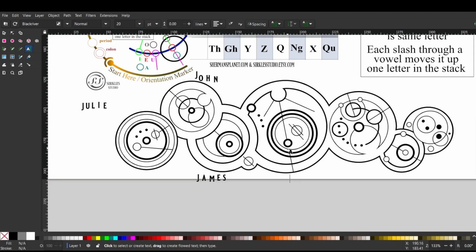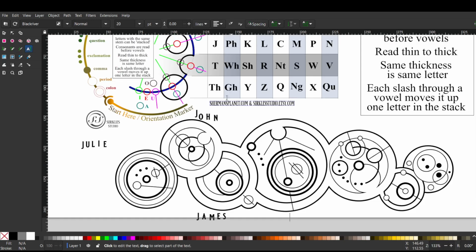So we have these circles inside the word circle. So we're in this row again. These 2 are the same thickness, so it's the same letter twice, and it has 1 line ending on it. So that would be an N and an N. And then we have this one, which is a J, just like all the other J's, no modifiers on it.